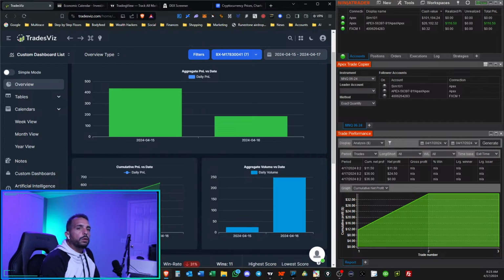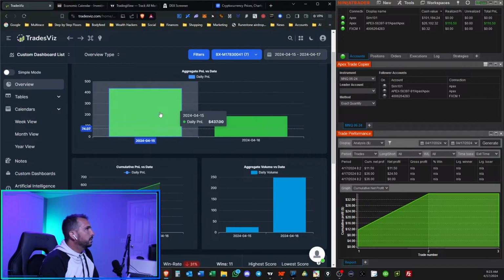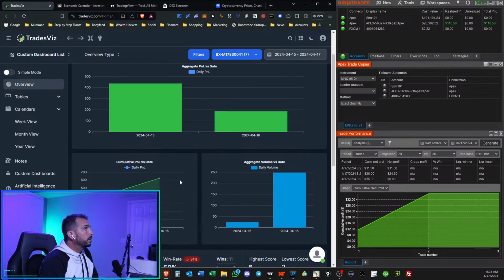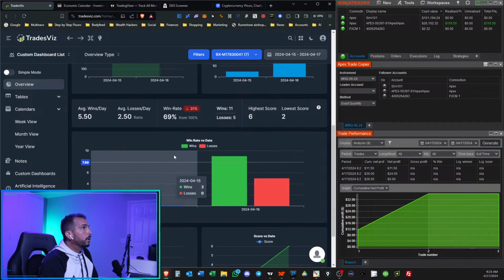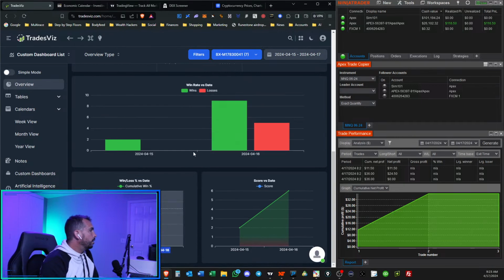And we're gonna go one by one, and we're gonna go slow, and we'll see how it goes. So that's the changes. I'll probably do a video later on about how TradesViz works and how I kind of like it. I like the look. I like the way that it works, and all the information that it shows.